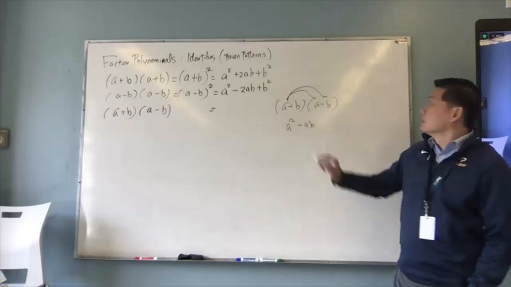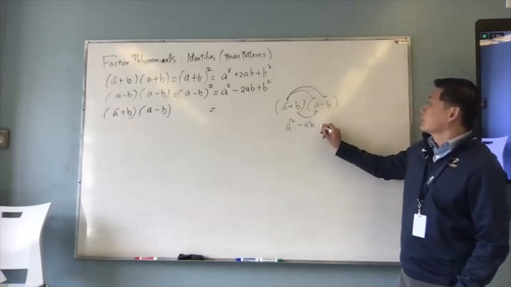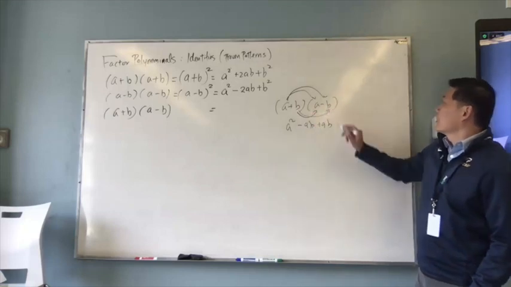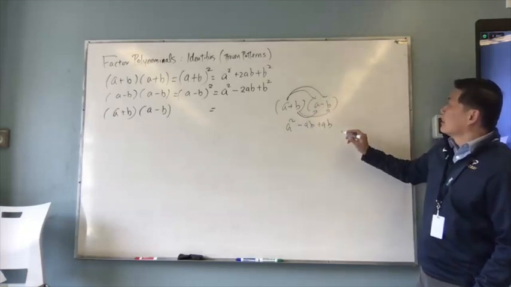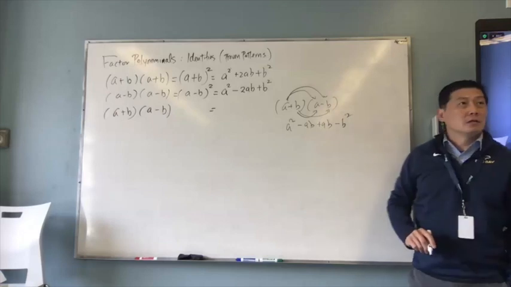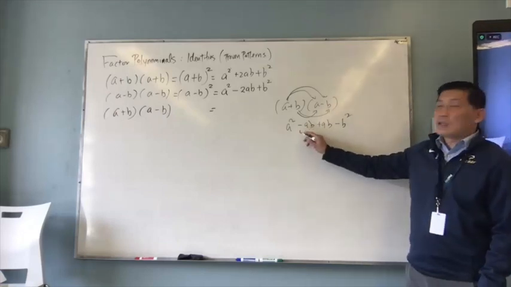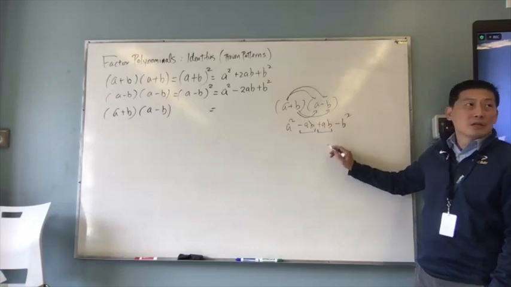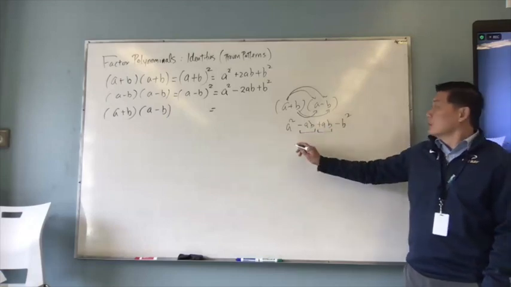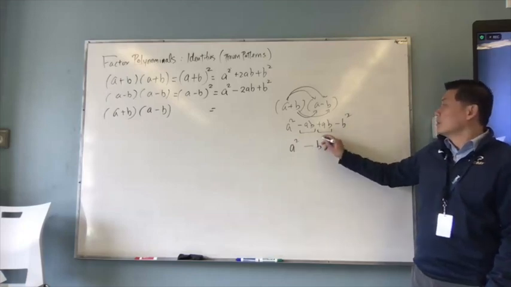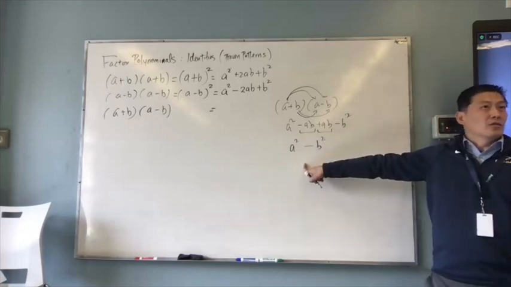So far so good. B times a, which is plus ab. And then b times negative b is minus b squared. So now you got negative ab plus ab. They go away. You are left with a squared and then the negative b squared. So that's the answer. A squared minus b squared.